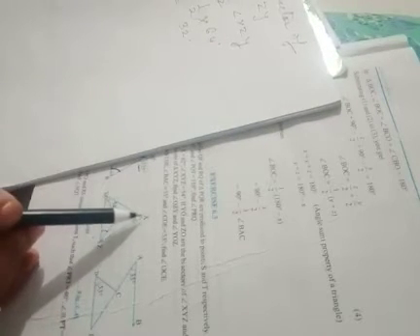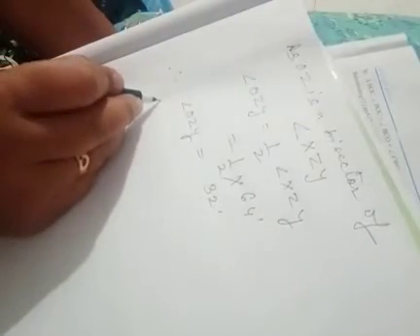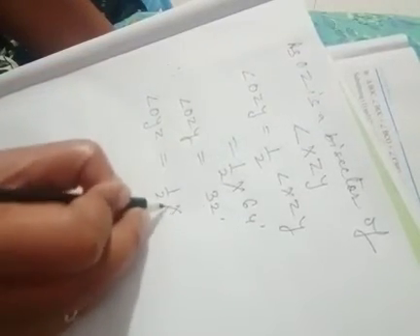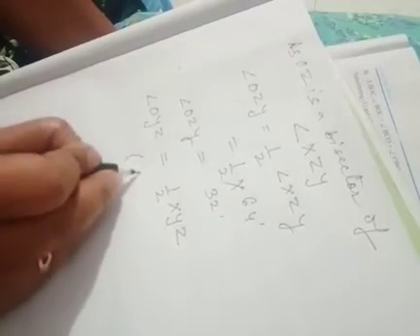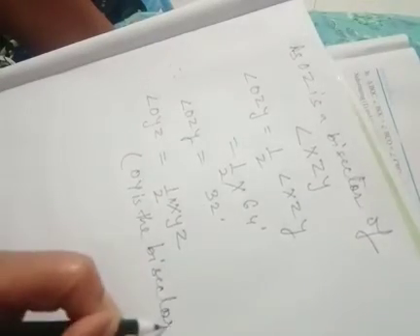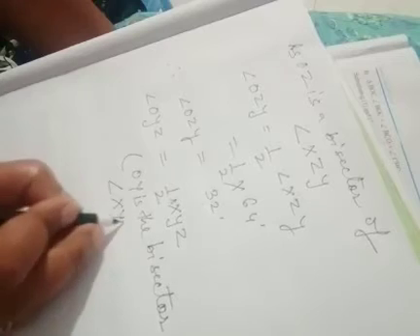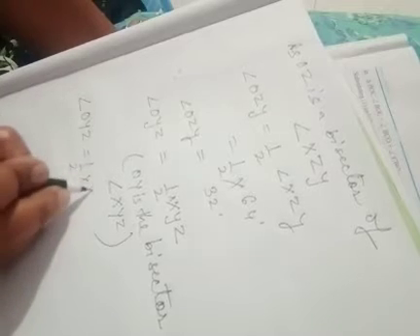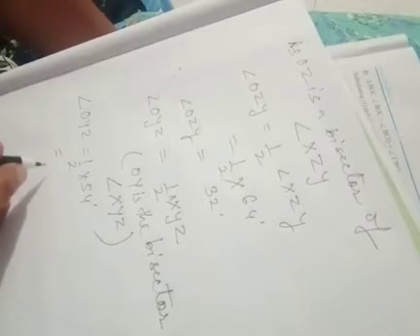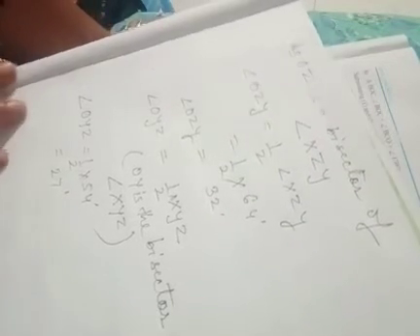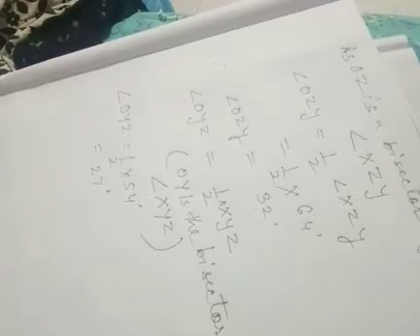OYZ should be equal to half of angle XYZ, because OY is the bisector of angle XYZ. Okay. Now angle OYZ is equal to half into 54, that is equal to 27 degree. Okay. So angle OYZ is equal to 27 degree.